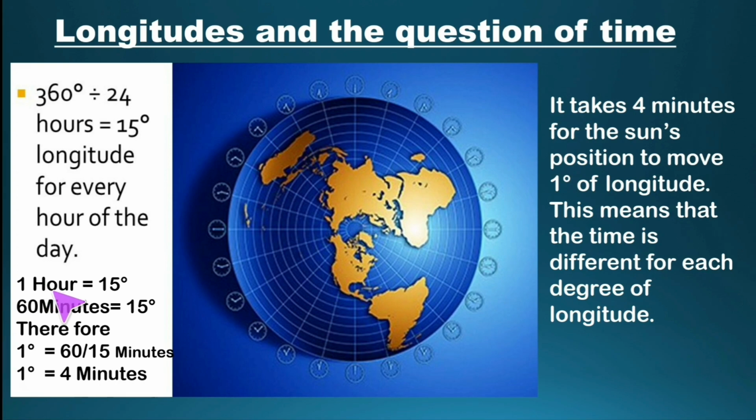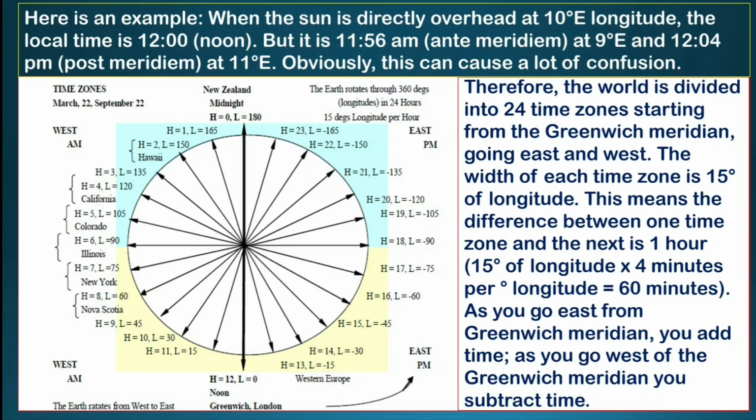So 1 hour is equal to 15 degrees. That means 60 minutes is equal to 15 degrees. Therefore, 1 degree is equal to 60 minutes divided by 15. That is, 1 degree is equal to 4 minutes. It takes 4 minutes for the sun's position to move 1 degree of longitude. This means that the time is different for each degree of longitude.